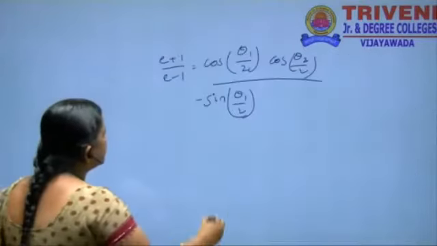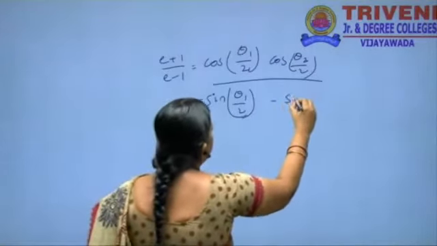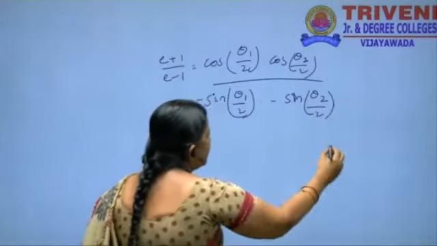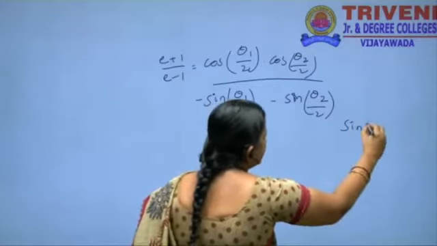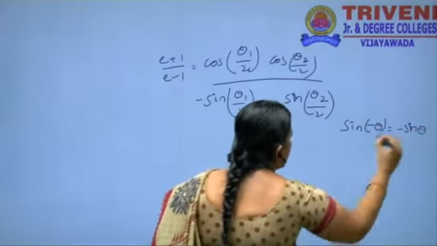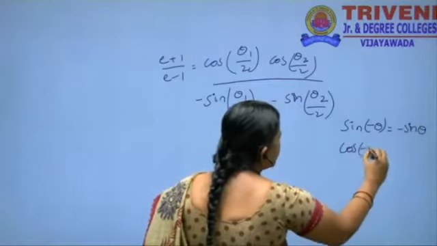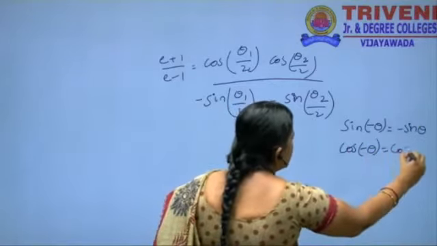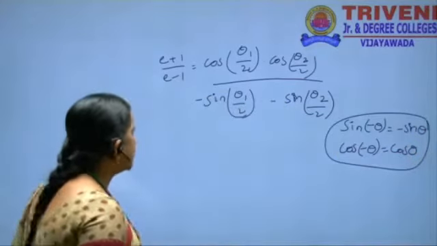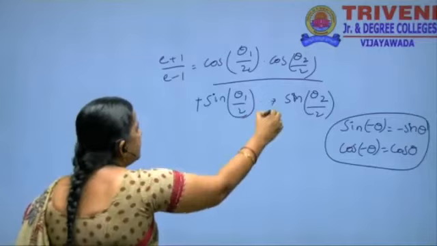Sine of minus theta 2 by 2 is minus sine of theta 2 by 2. In trigonometry, sine of minus theta is equal to minus sine theta, and cos of minus theta is equal to cos theta. These two formulas we have to apply here. Here it is minus into minus, which is plus.